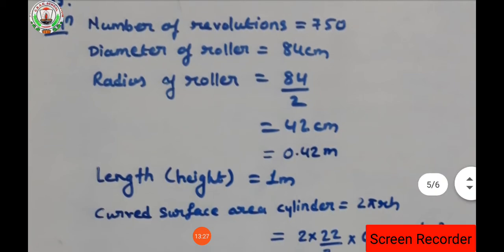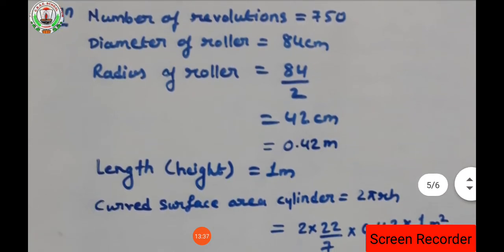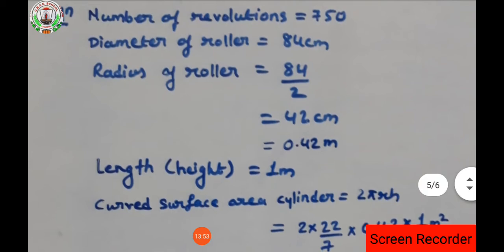Then with the help of the diameter we can easily find the radius of the roller as 84 divided by 2, that will be 42 centimeter. Since the length is given in meters, we are going to convert this radius into meters. So 42 centimeter will be divided by 100 to convert it into meter. So it will be 0.42 meter.